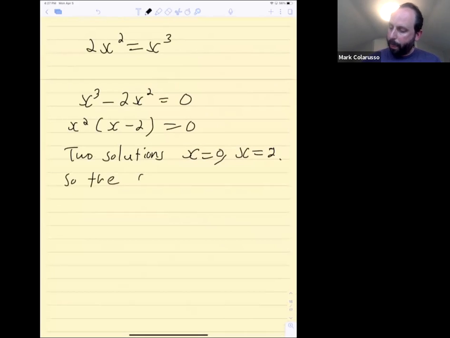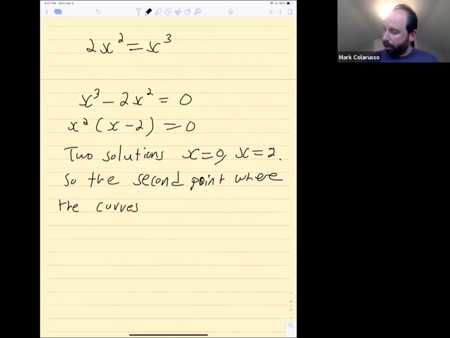So the second point where the curves intersect is b equals 2.